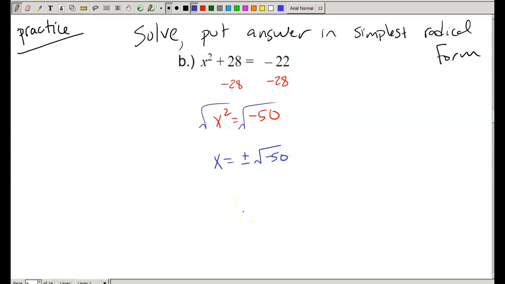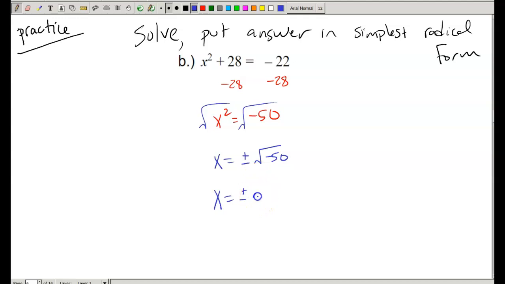And now we're at that stage that we did those previous problems where we want to put this into a reduced, simplest radical form. So now we notice that we have a square root of a negative. That's telling me that this value that we have is an imaginary number.